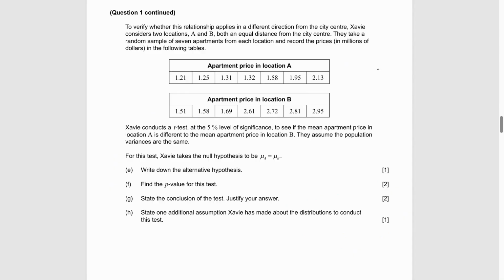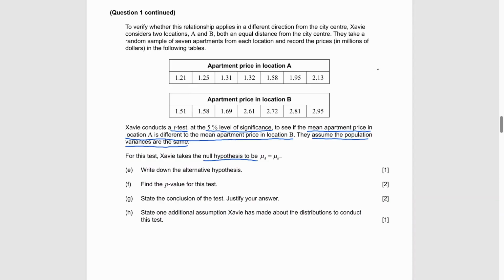Finally, we carry out a t-test at the 5% level of significance to check if the mean price in region A is different from the mean price in region B. We assume the population variances are equal.